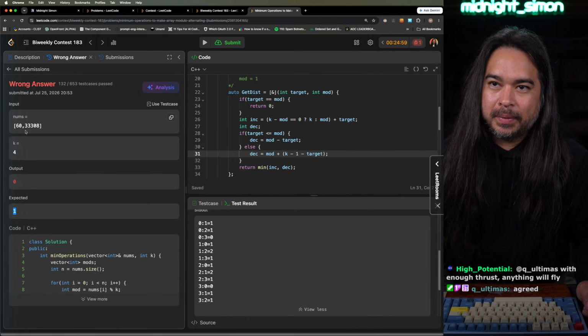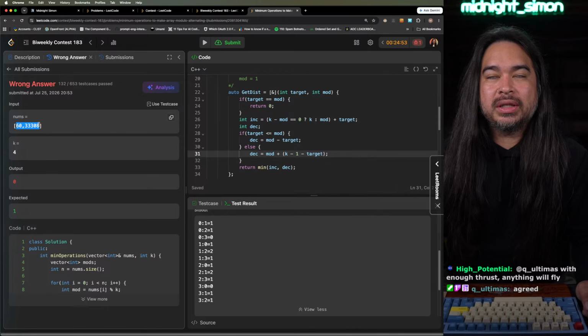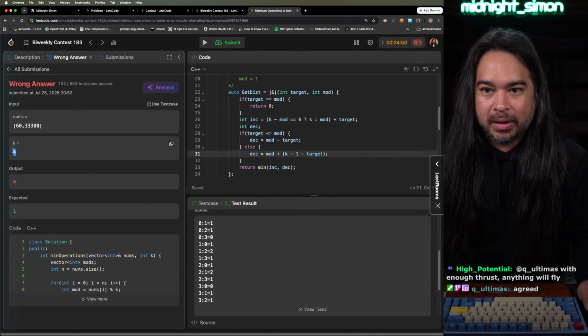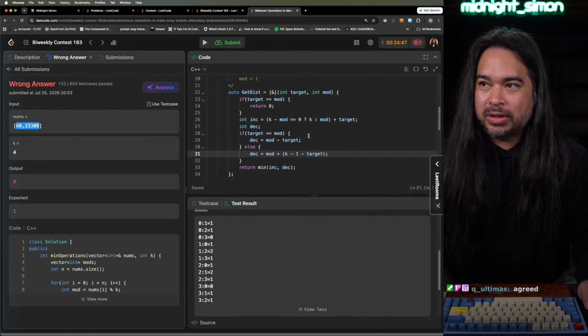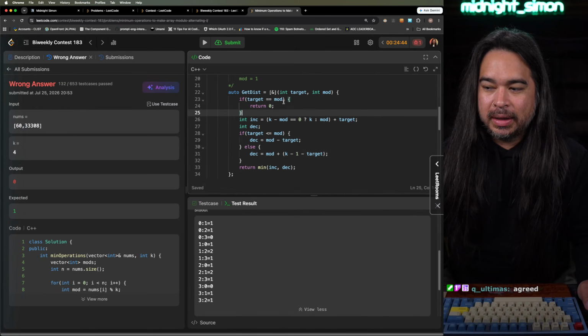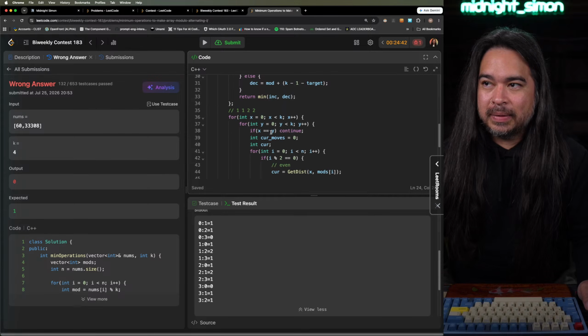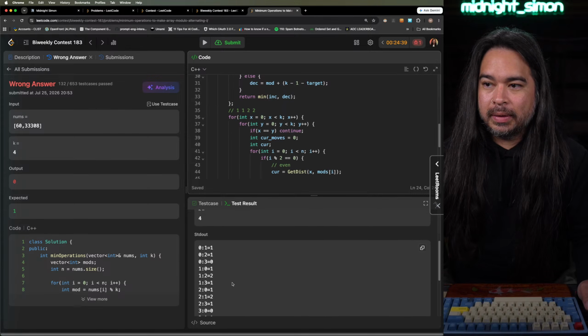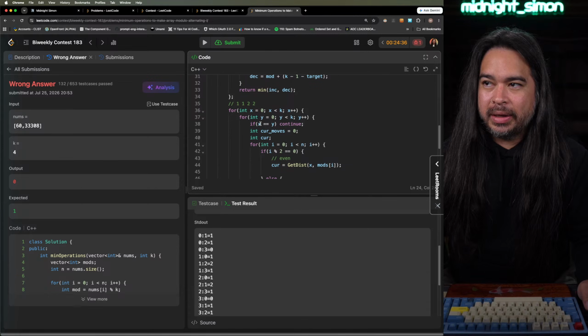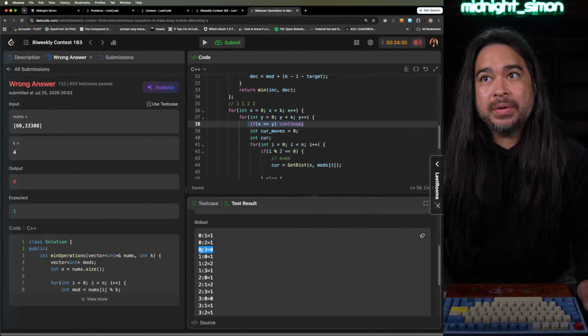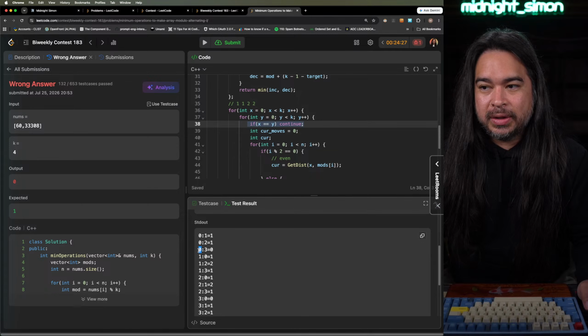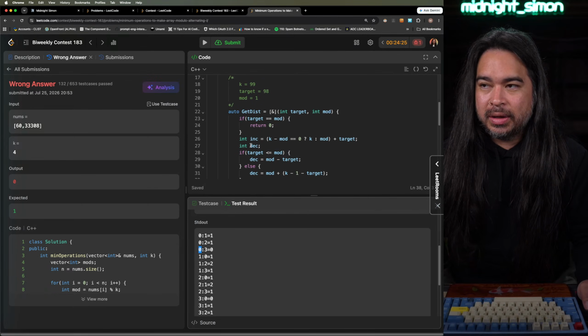Expected 1. So, all right, both of these are divisible by 0 or by 4. So this thing should come in at 0, 0. And if that's the case, why? I want to know why 0 and 3. So 0 should always return 0. So something is wrong when my target is 3 and my mod is 0.